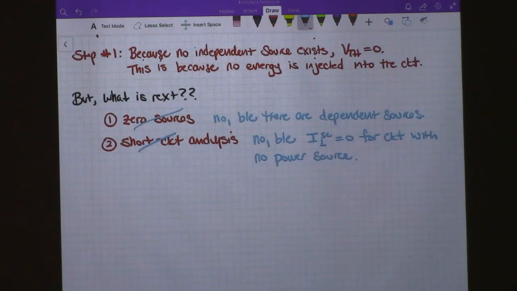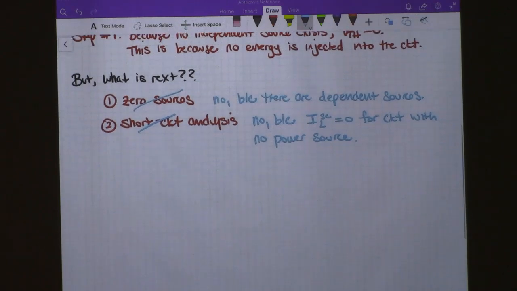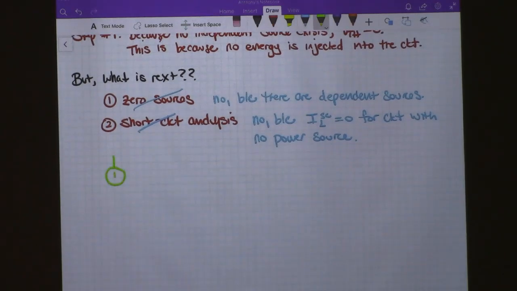So to explain this second one, let's draw what the equivalent would look like. If we have an equivalent where this is 0 volts, and then we have a resistor here, and then we take a short circuit where this is IL short circuit, what is the IL short circuit going to be? 0 divided by the resistance, 0.